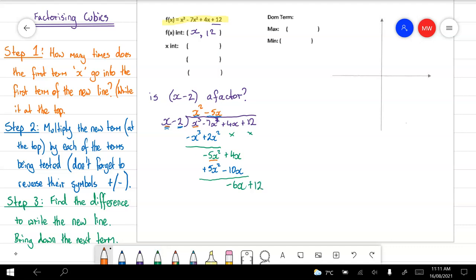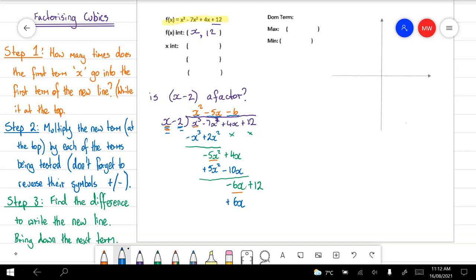Back to step 1. How many times will this x up here go into minus 6x? It will go in minus 6 times. Step 2, take our minus 6 and multiply it by these two terms at the front here. Minus 6 times x makes minus 6x. We'll write it in as plus 6x.